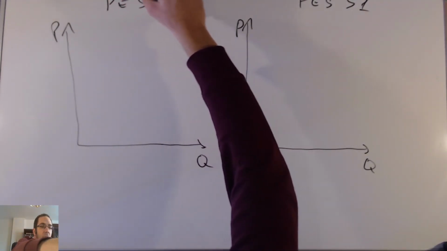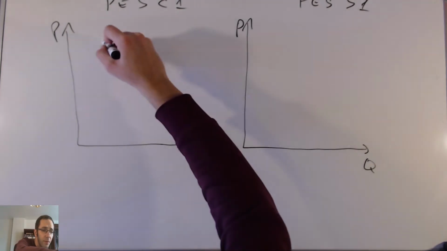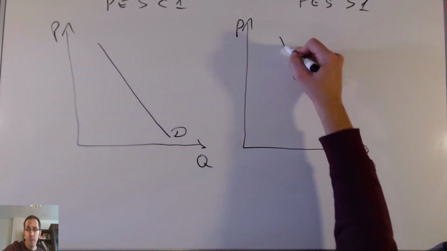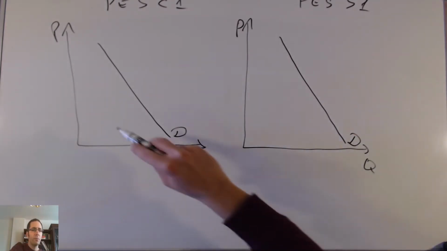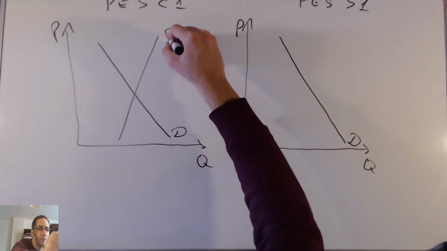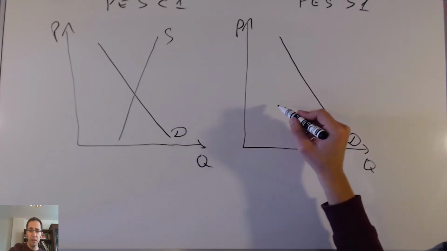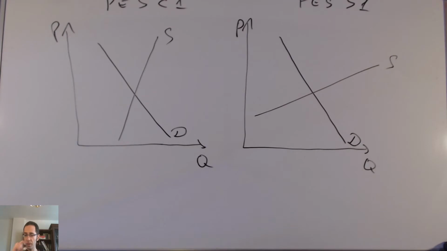In this case, the price elasticity of supply will be less than 1, so this will be inelastic. Let's have a similar demand curve. Something like this. And okay, so price elasticity of supply is inelastic over here, so this would be my supply. And price elasticity of supply will be elastic over here, so here is my supply.